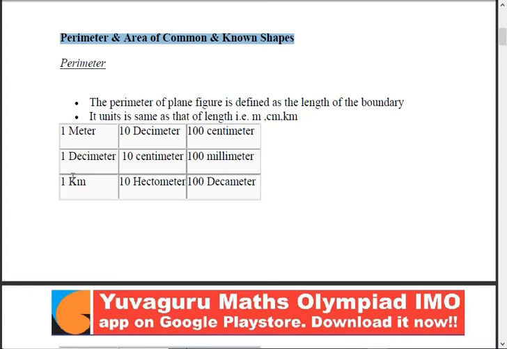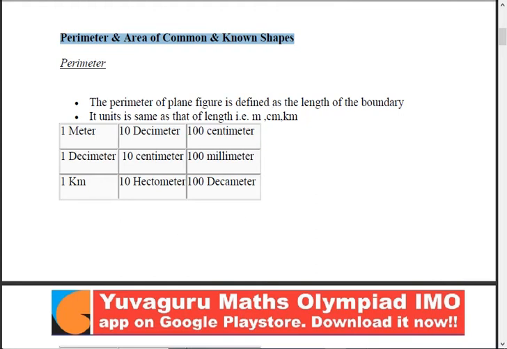Similarly for kilometers: 1 kilometer is 10 hectometer, 1 hectometer is 10 decameter, so 1 kilometer is 100 decameter, and from decameter to meter again 10. So the sequence from smaller to higher is mm, centimeter, decimeter, meter, decameter, hectometer, kilometer. You need to remember these.